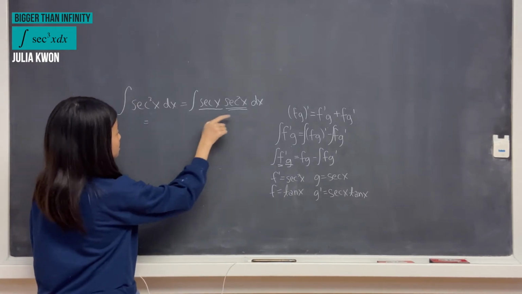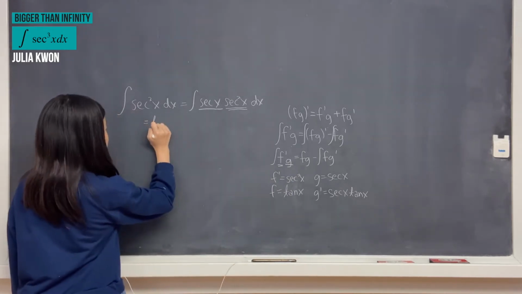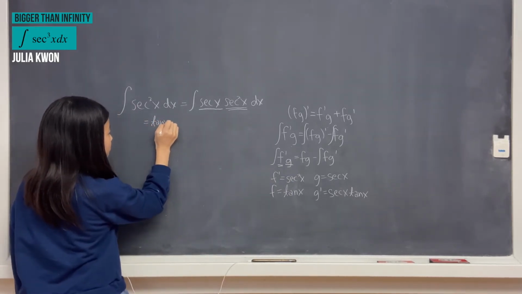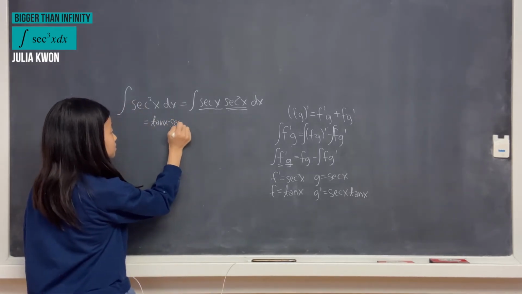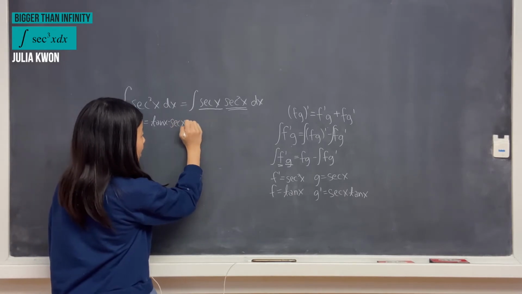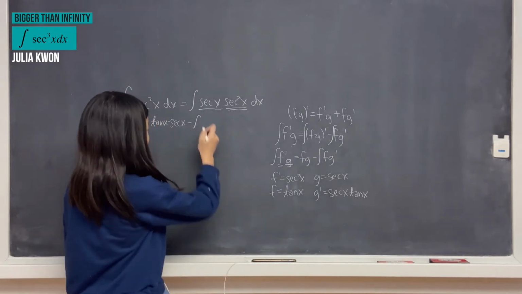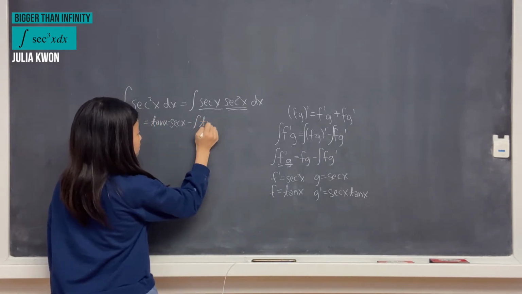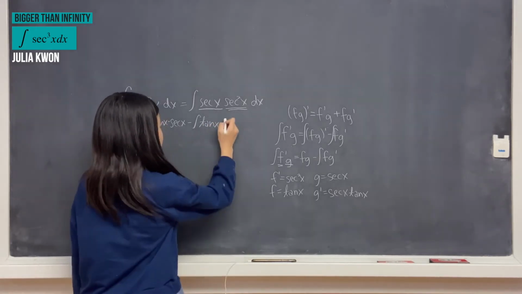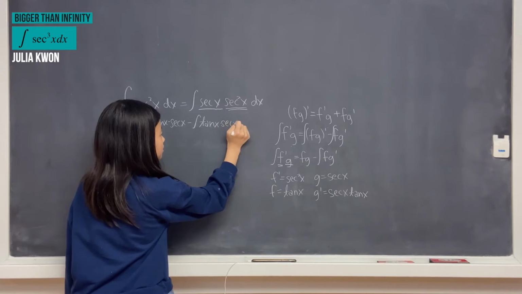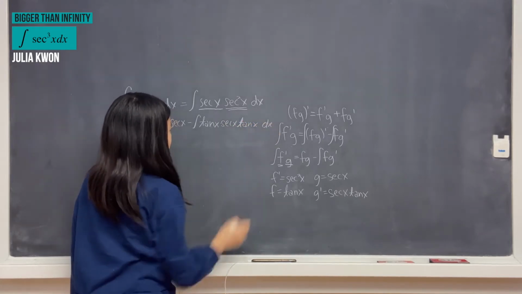So this is equal to f times g, and f is tangent x, g is secant x, and minus the integral of f times g prime, and f is tangent x, g prime is secant x tangent x dx.